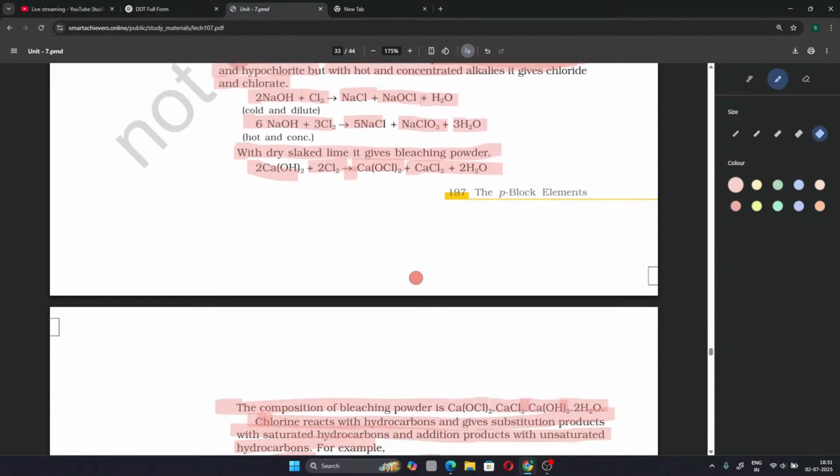Here, if we see the oxidation state of Cl2 it is 0, in NaCl it is -1, and in NaClO3 it should be +1 - 6, so around +5.